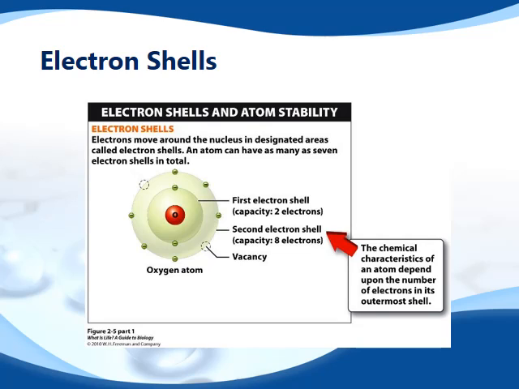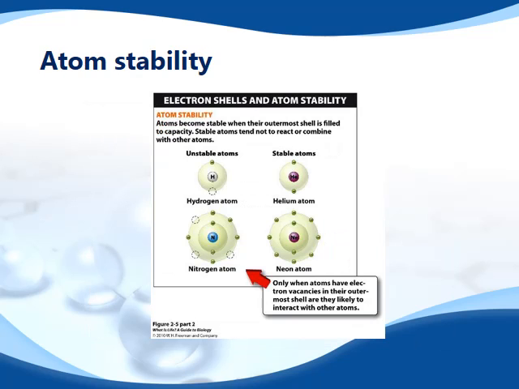The second electron shell has a capacity of 8 electrons. The chemical characteristics of an atom depends upon the number of electrons in its outermost shell. These vacancies, as you see in this diagram, allow for this atom to bond with other atoms.